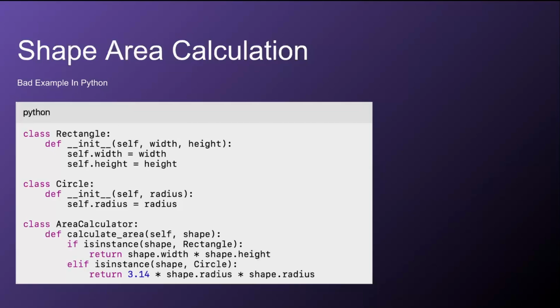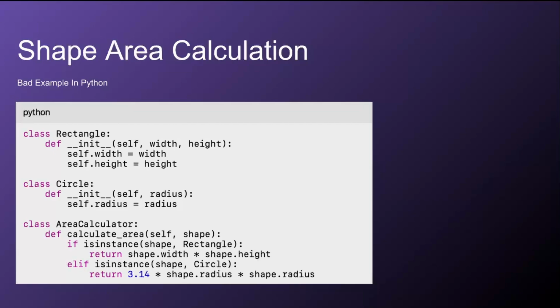There is one class, Rectangle. It has a constructor, and this constructor takes width and height as parameters, and those are assigned to self.width and self.height respectively. There is another class for a Circle. It has a constructor which takes radius, and it is assigned as well. And there is a class AreaCalculator.